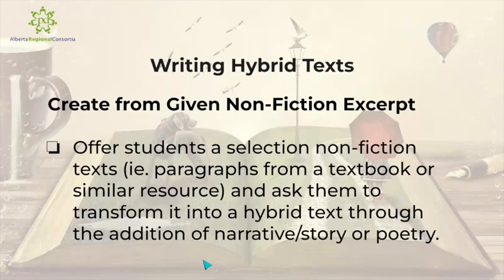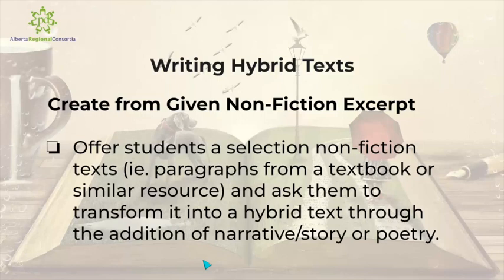So once you've built the list of attributes or criteria for a hybrid text, you are going to provide your students a selection of nonfiction texts. And this is where you can connect your content to other subject areas. So maybe it's a certain topic that you're researching right now in science or social studies, and you might pull a couple of paragraphs from your textbook.